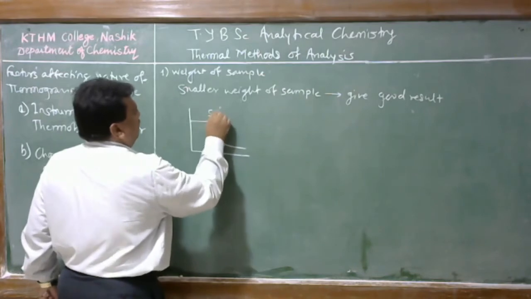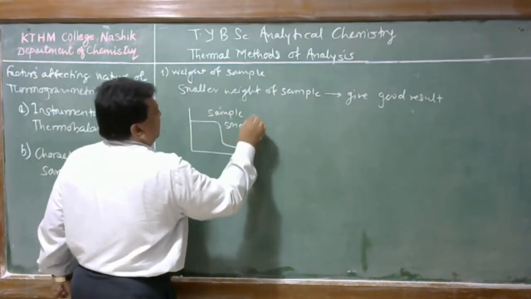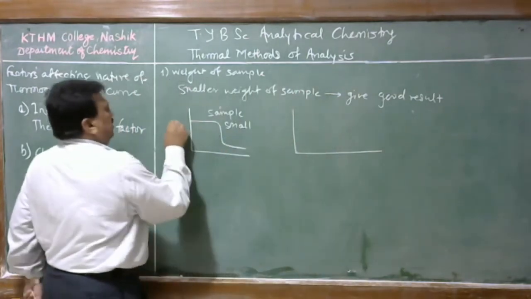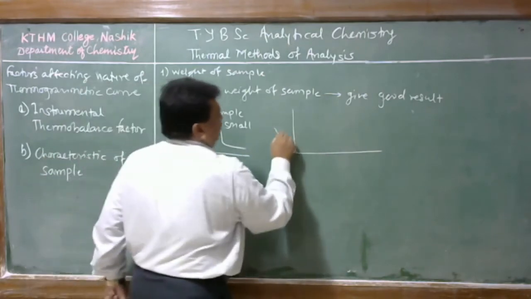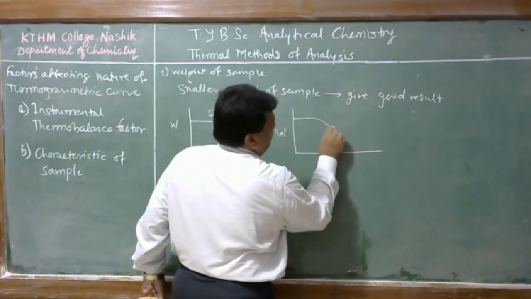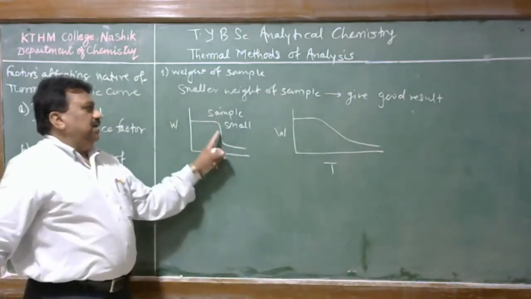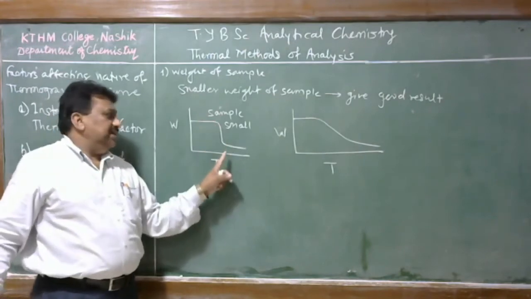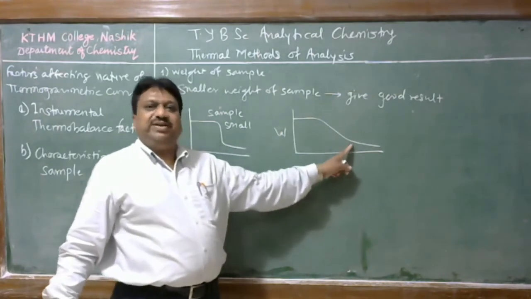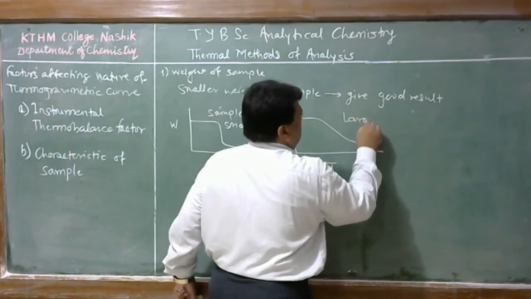If the sample is larger, we have a deviated curve like this. That does not show the exact decomposition temperature, because the deviation in the curve takes place when the sample is larger.